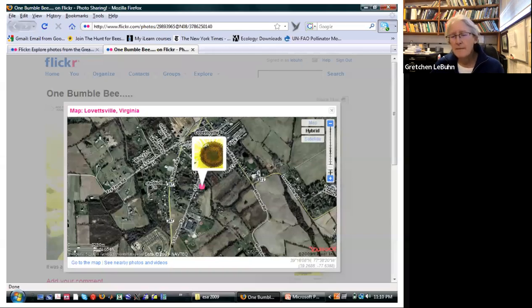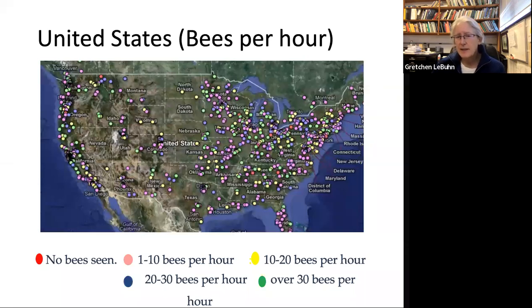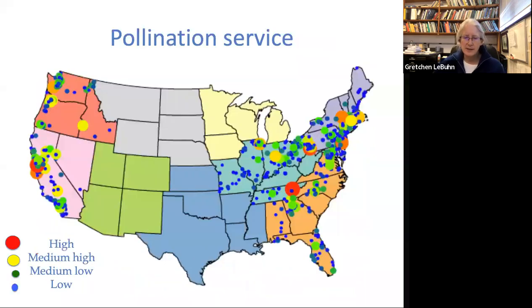Well, we've gotten data from lots of different places across the country. And we've started to do some analysis, and I'm just going to show you the East Coast and West Coast work. So this is something called hotspot analysis that identifies areas that have higher and lower than expected pollination service.